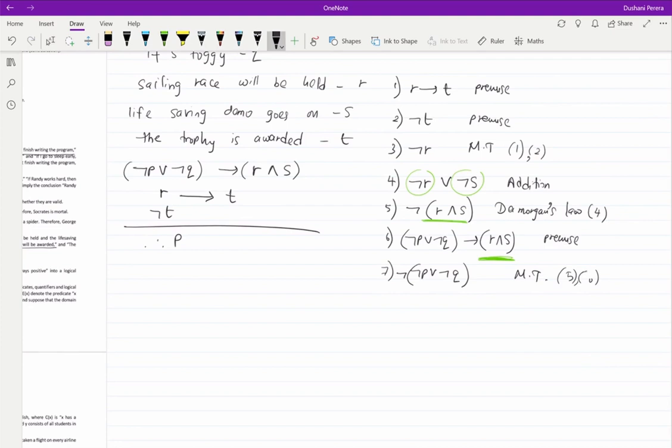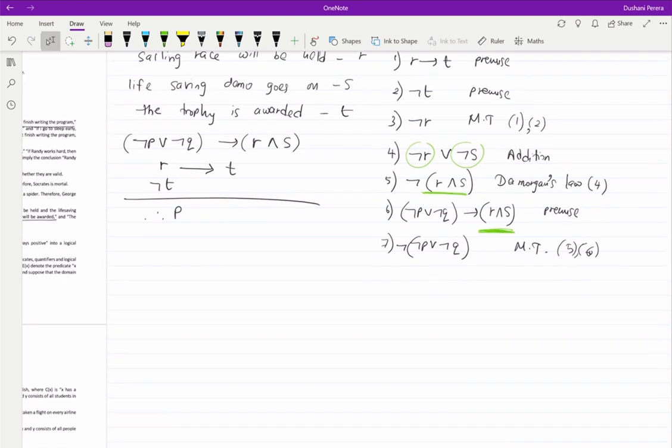So usage of modus tollens gave me the negation of the left hand side of the implication in the sixth part. So now I again apply De Morgan's law and take the negation inside the bracket, and I simplify it to P and Q. This is using De Morgan's on 7.